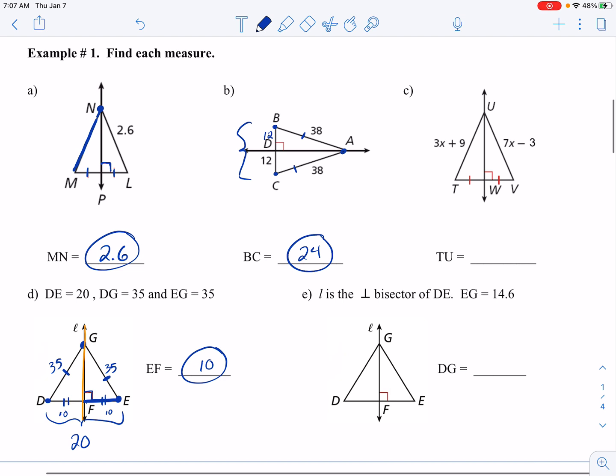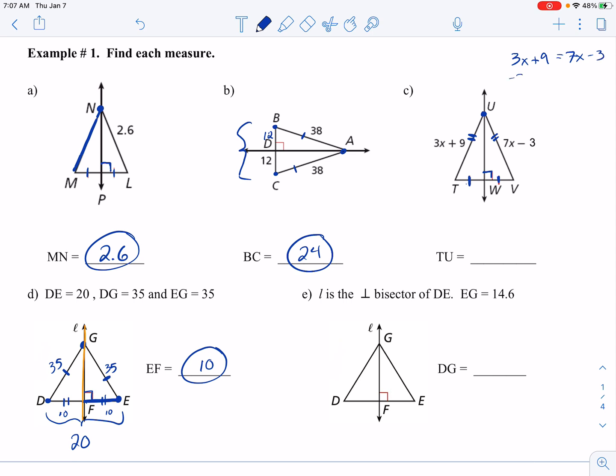For TU, we need to use a little bit of algebra here. U is on the perpendicular bisector, right? UW is a perpendicular bisector shown by these markings. So that means these two lengths to the two endpoints would be congruent. If they are congruent, we can set the expressions equal to each other and solve.